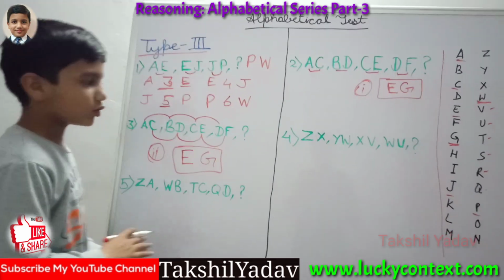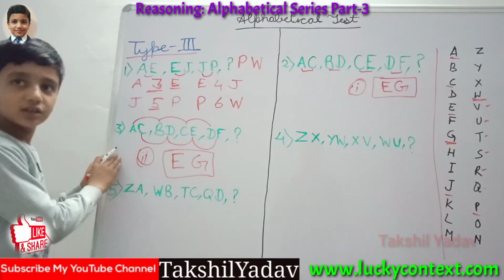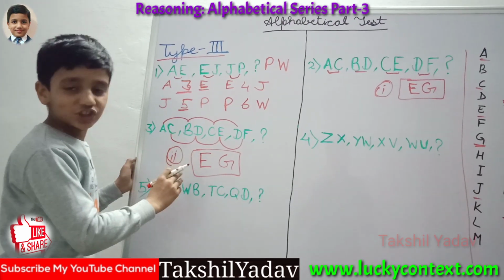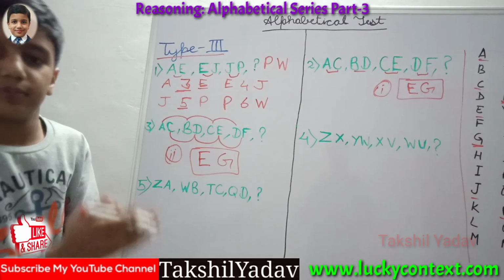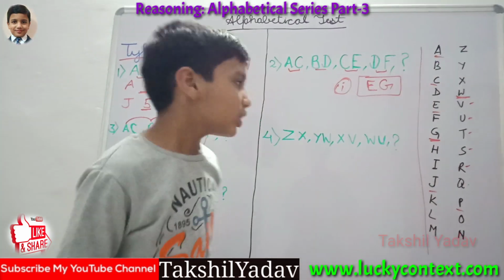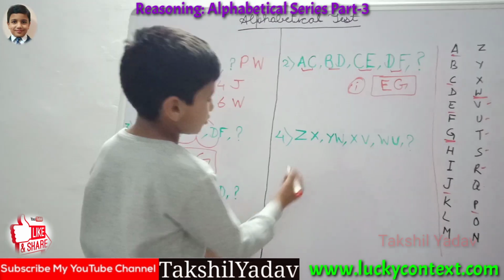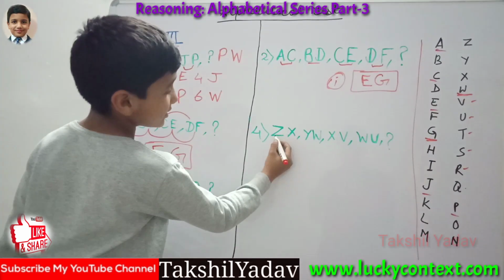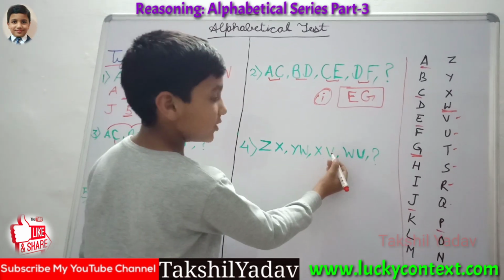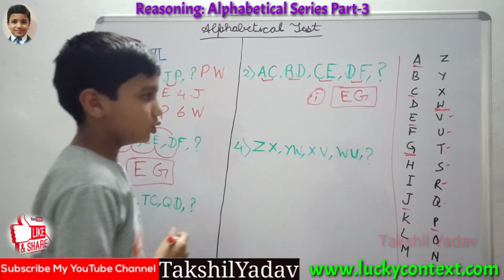Now comes the fourth question. In the previous question, the letters in the relationship were increasing by 1 from the starting. But now comes the second type of these questions, that is ZX, YW, XV, WU.